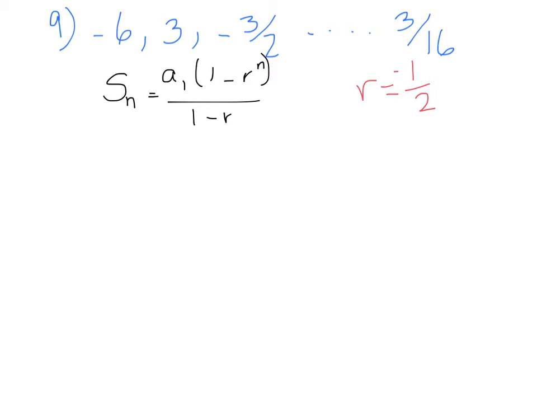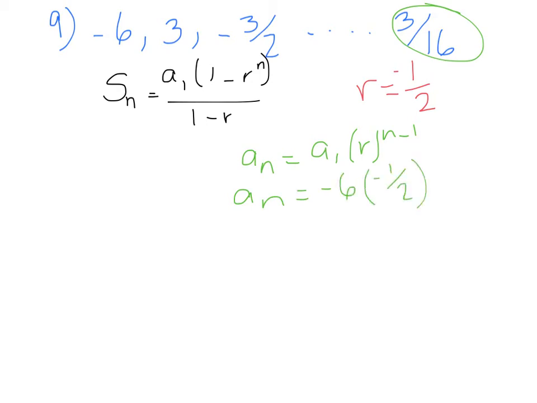How do we figure out the number of terms? Well, we have the last term, which is helpful. I know in a geometric, the explicit is a sub n equals a sub 1 times r to the power n minus 1. Here a sub 1 is -6 and r is a half.